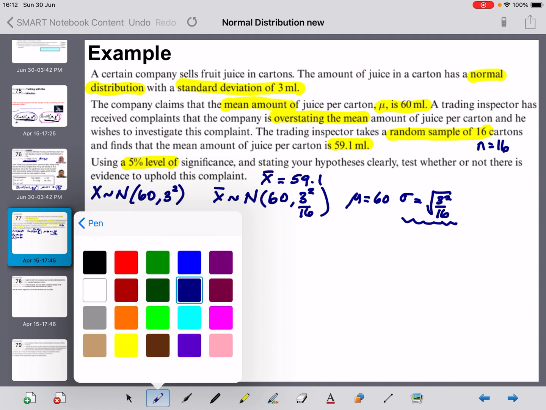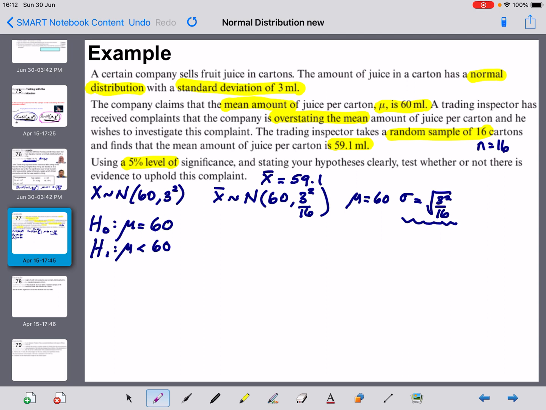Okay, so I'm going to change colour. Let's go for purple. The first method I'm going to do is the p-value method. To do this, I'm going to use the normal CD function on my calculator.